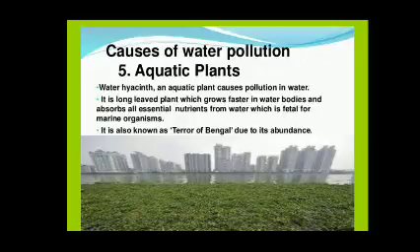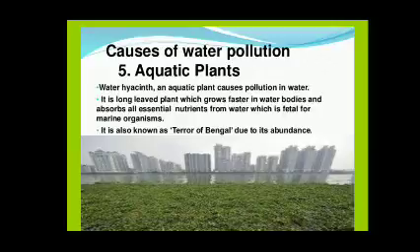Aquatic plants growing in wastewater also cause water pollution. When aquatic plants increase in a water body, it causes water pollution.